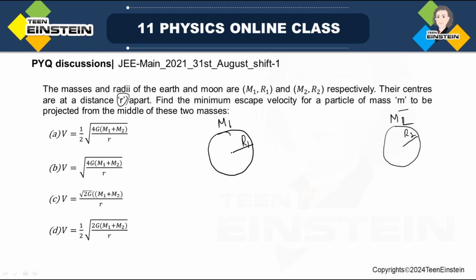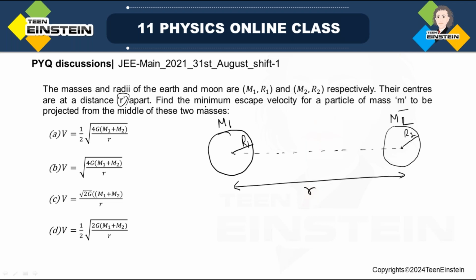Their centers are separated by a distance r, that means the whole distance is r.